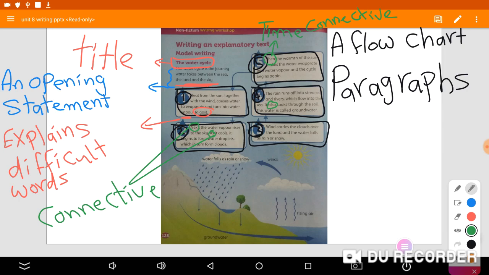Okay, that's perfect. Try to think with me. What do you think about this text? Do you think it is a fiction or non-fiction text? Do we have any talking animals here? Of course not. So this explanatory text must be non-fiction.